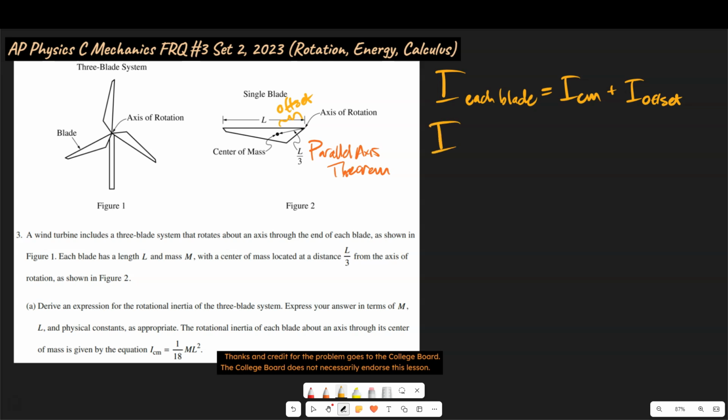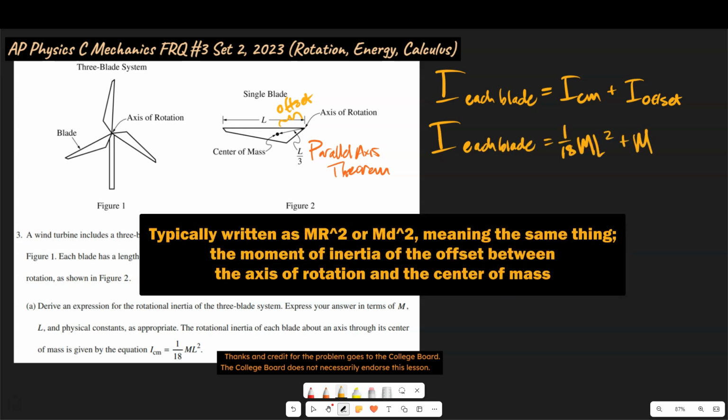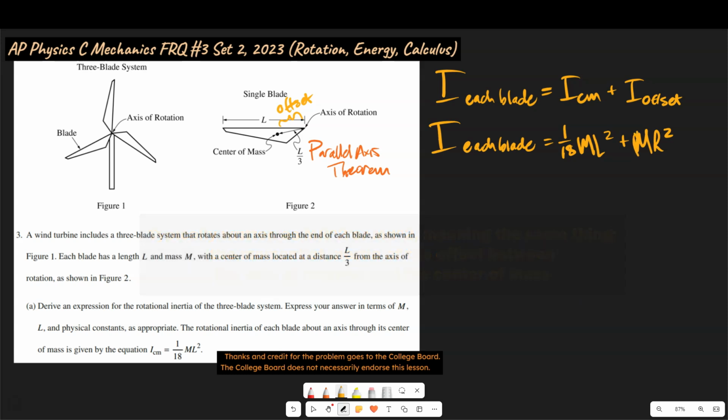So we could say the I for each blade. This offset is typically written as mr squared. That's usually how we write this out, where r is this distance that the offset value is by. But what we know is that this r value, we need to translate that into L, and they tell us what the offset is.